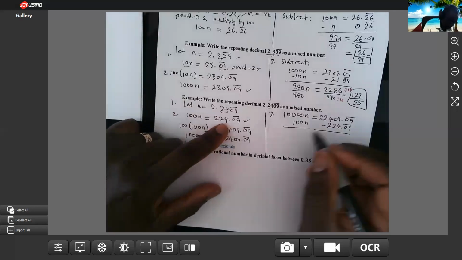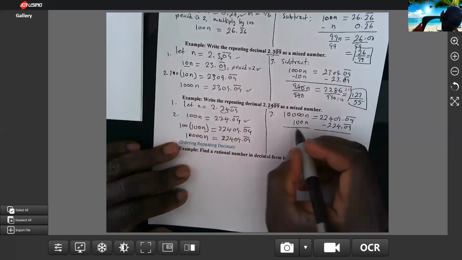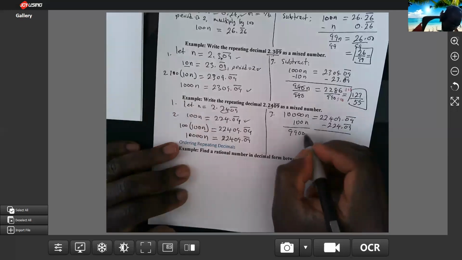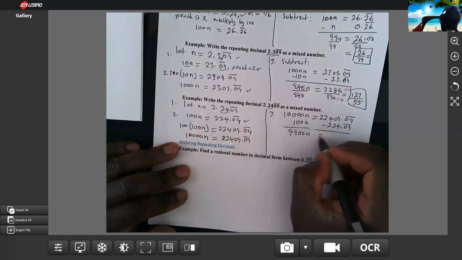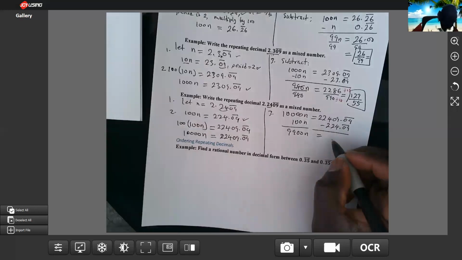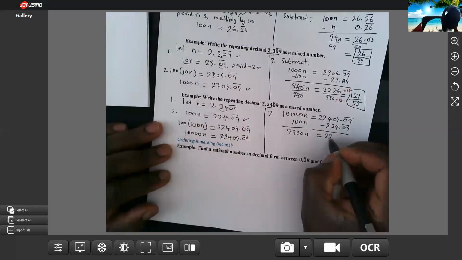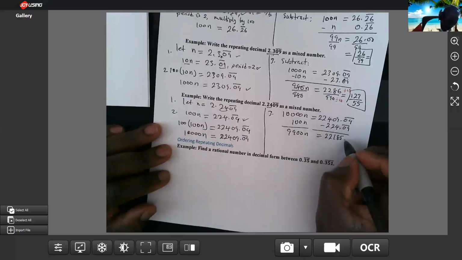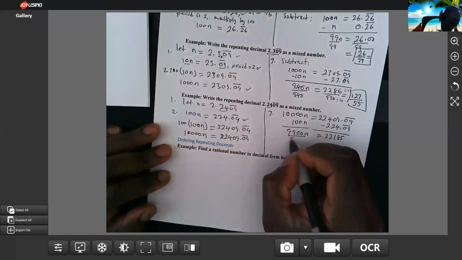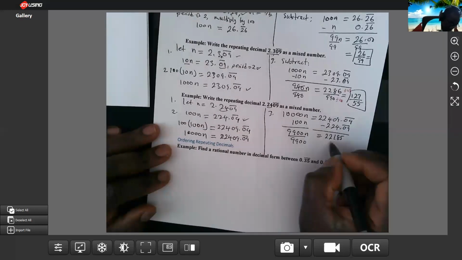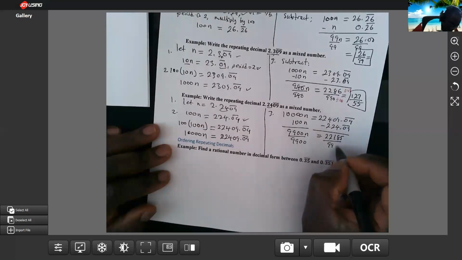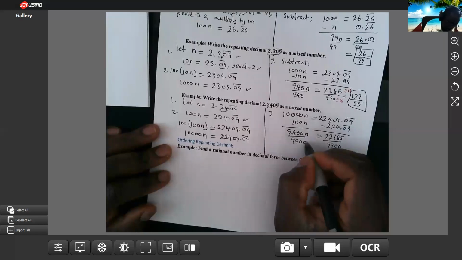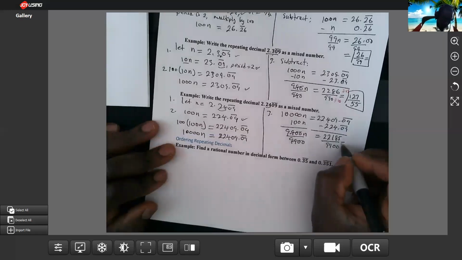So 10,000 minus 100 is 9,900n, and that is equal to 22,185. Then divide both sides by 9900.